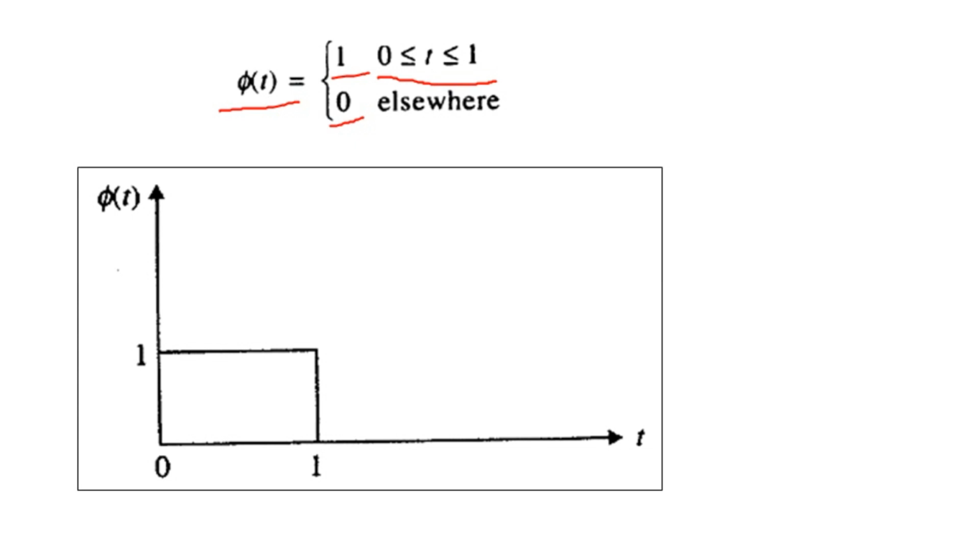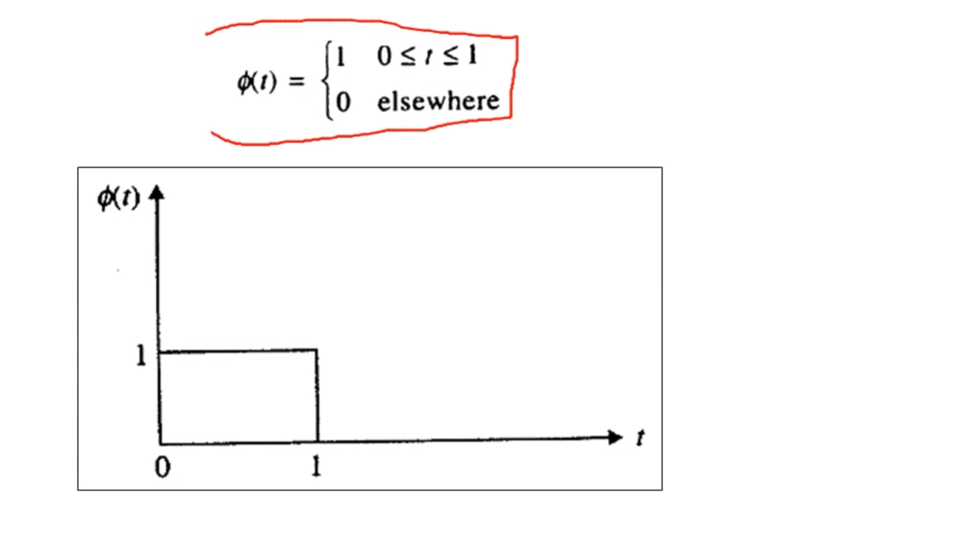So here we have t greater than or equal to 0 and less than or equal to 1. From 0 to 1 the amplitude level of the Haar scaling function is equal to 1, and for the rest of the cases the amplitude level is equal to 0. So this is the simplest and best explanation of what exactly the Haar scaling function is.